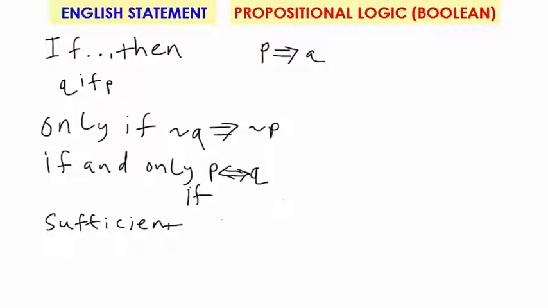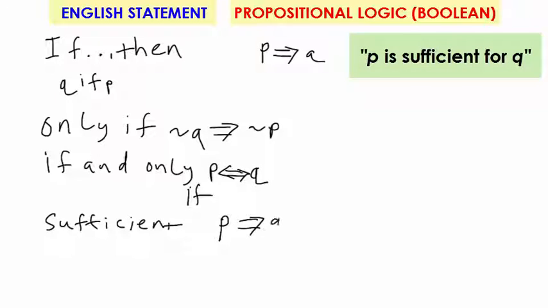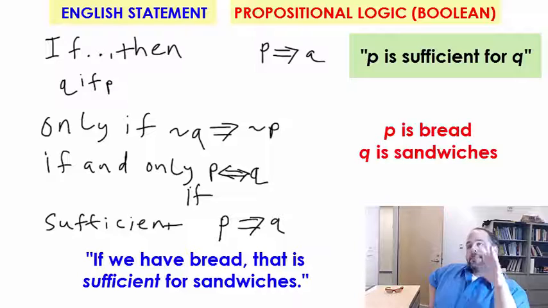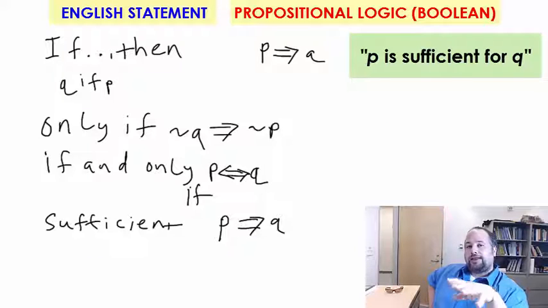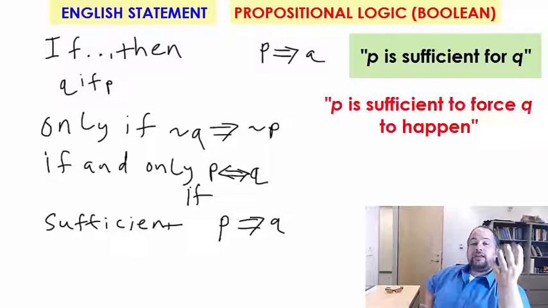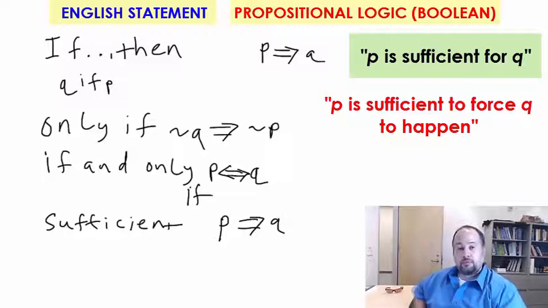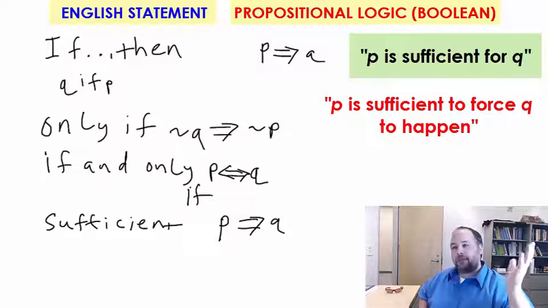Sufficient is another one that translates directly into P implies Q. So if I say, if we have bread, that is sufficient for sandwiches. It doesn't quite translate that well into English. You could think of it as P is sufficient to force Q to happen. P by itself will force Q to happen, which is closer.